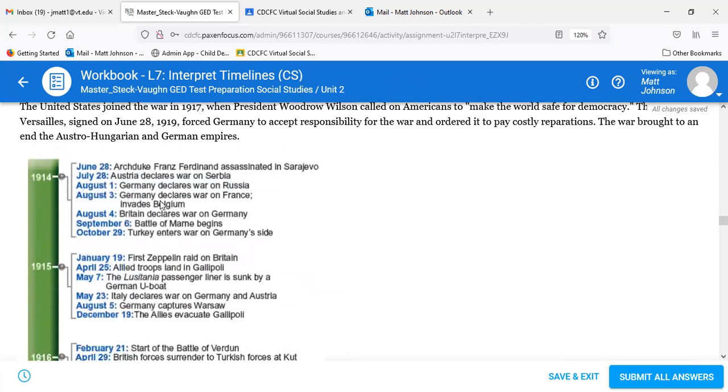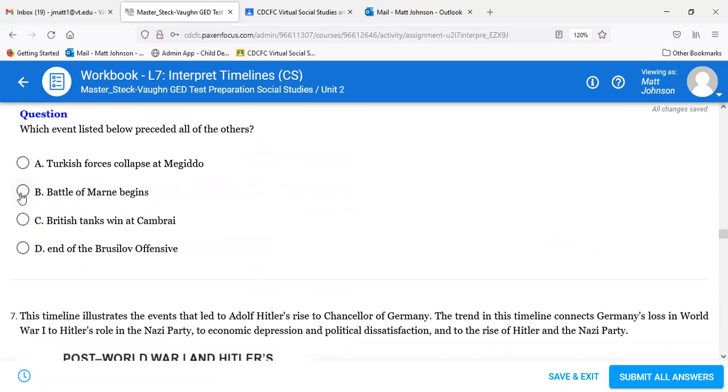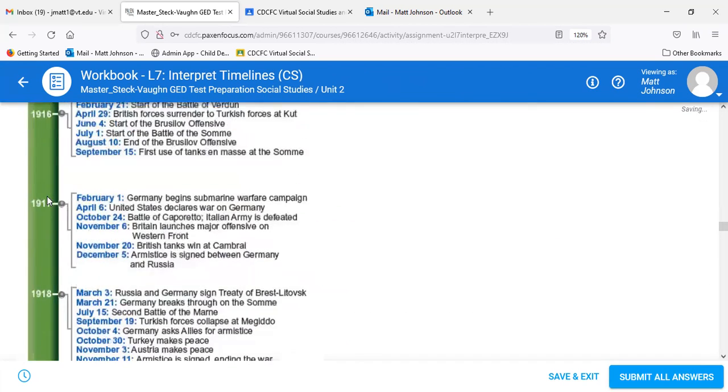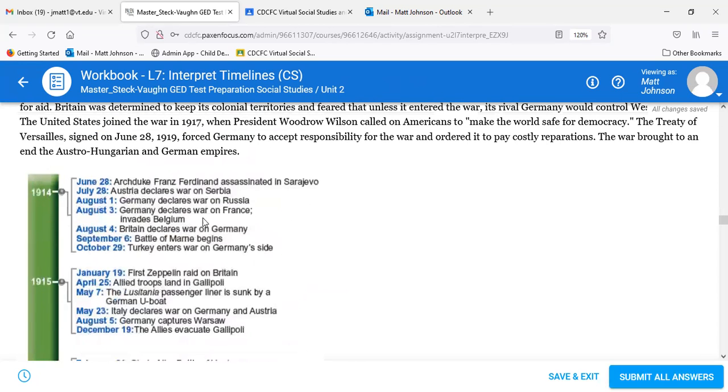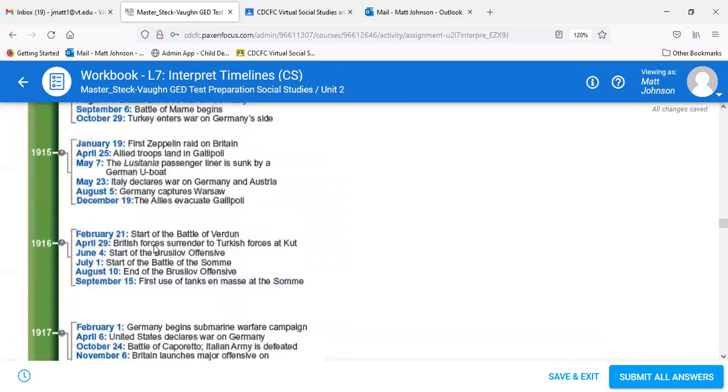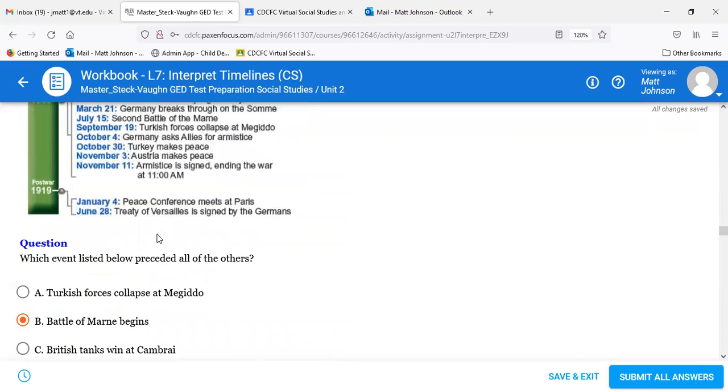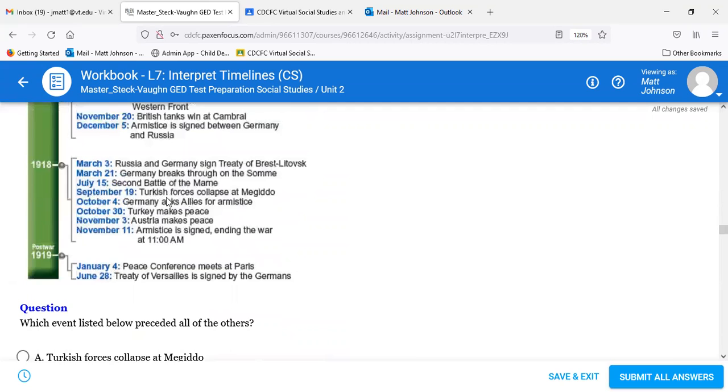So it's B, the Battle of Marne begins. And so I'll point that out. It's up here. It's one of the first battles. It's actually the first battle right here on September 6th in 1914. And everything else, if you look, you'll find those other events down through here, like the Turkish forces collapse at Megiddo.